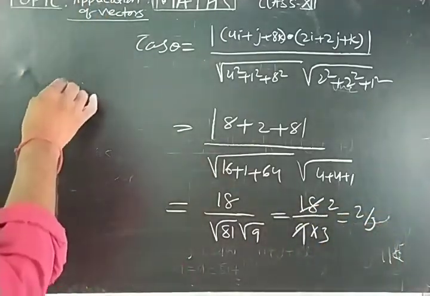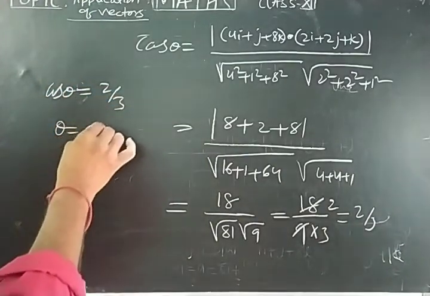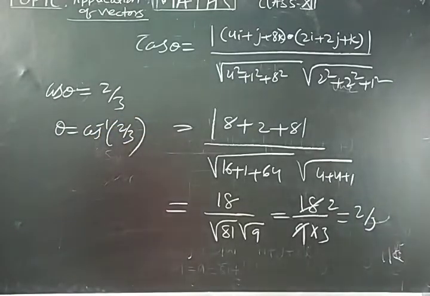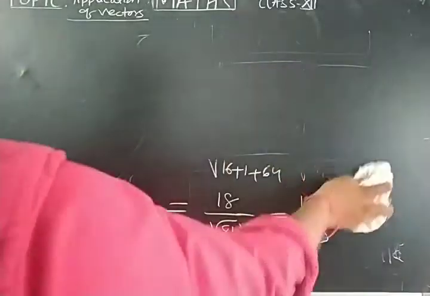So cos theta equals 2 by 3, and theta equals cos inverse of 2 by 3. This is the angle between the two given straight lines.